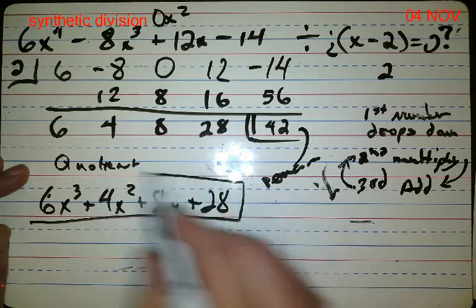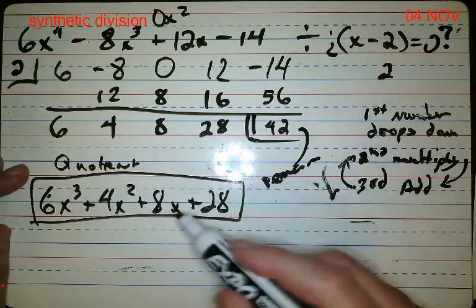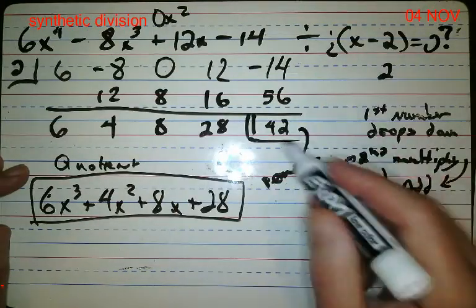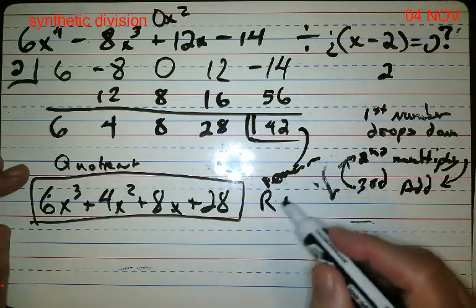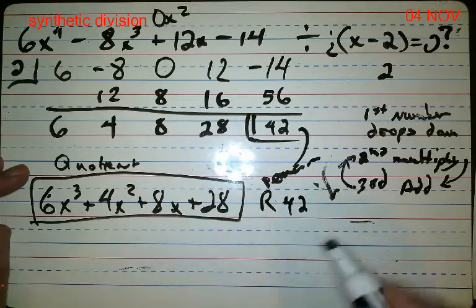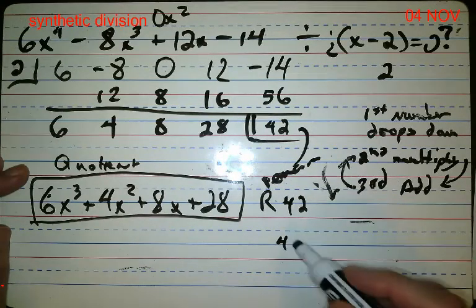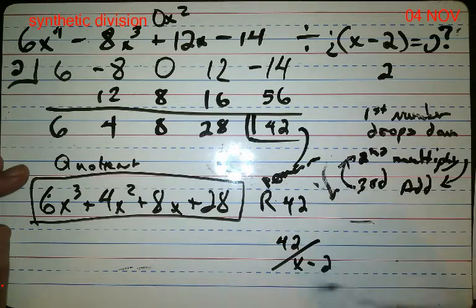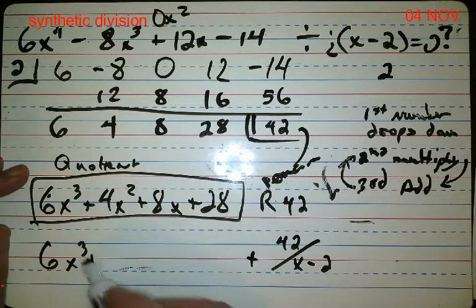That is the quotient, right? But it doesn't divide in there evenly, so there's a remainder of 42. And if I was going to write the fraction, I have to write it like this, and then I would write the whole thing.